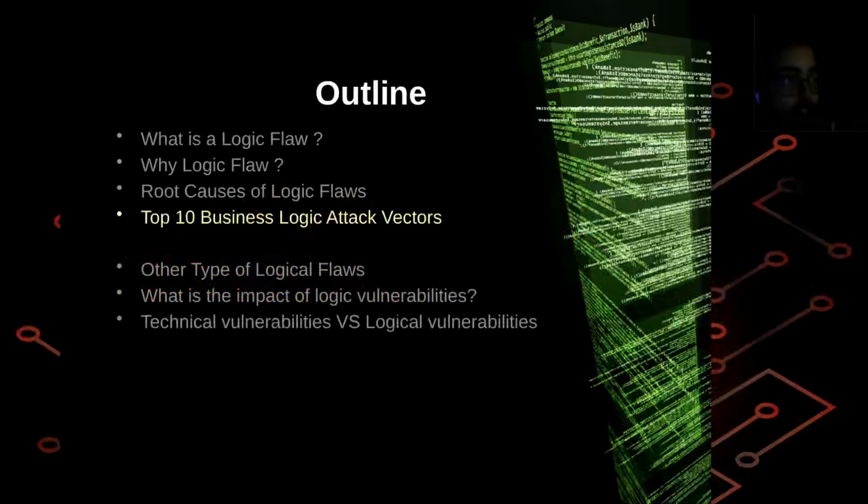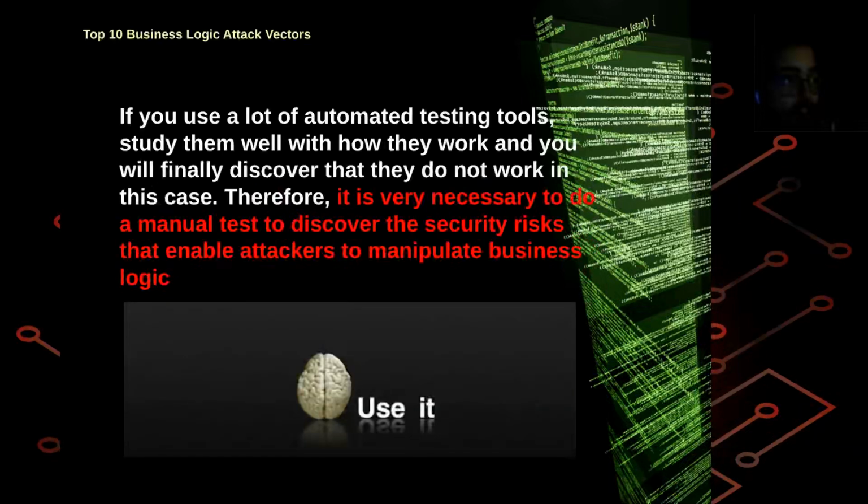So we have the top 10 business logic attack vectors here. If you use a lot of automated testing tools, you need to study well how they work, and we can discover that they do not work in this case. Therefore, it is very necessary to do a manual test to discover the security risks that enable attackers to manipulate business logic.